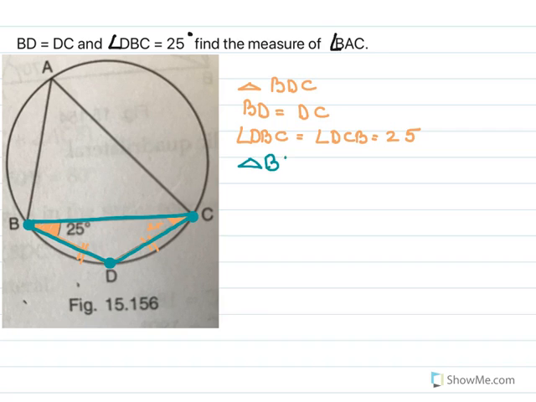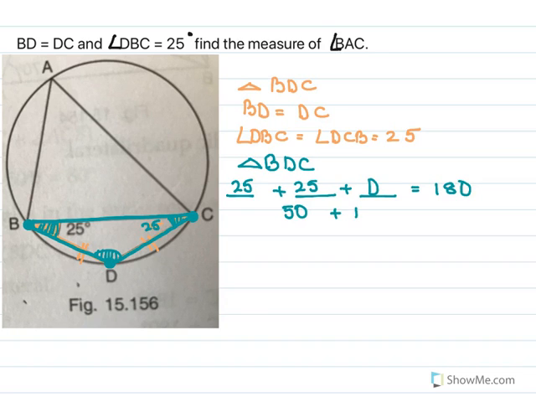So we have BDC, 3 angles, angle D plus angle C plus angle B. So one is 25. Here also we have angle 25, D equal to 180. So 50 plus D is 180. So D will be 180 minus 50, and this is 130.